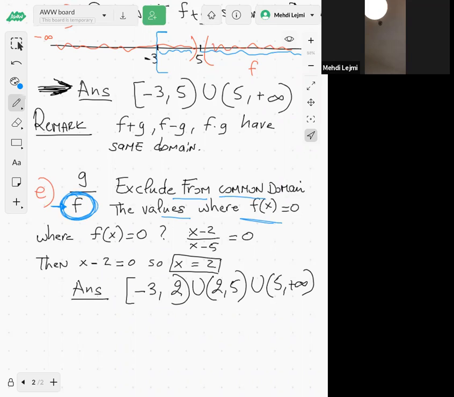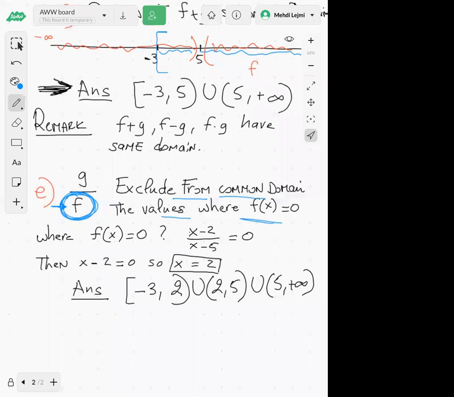So I have to exclude the values of X where the denominator is 0. So if I was looking for the domain of F, then yes, you're right. Then I would solve the denominator equal to 0. But I'm not looking for the domain of F here. I already got the domain of F in A, right? That's the first question, right?